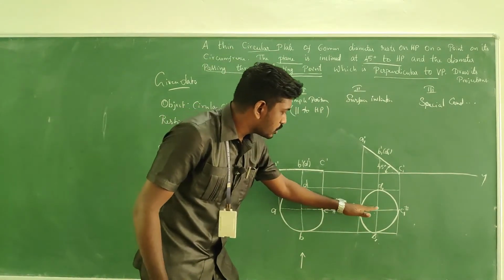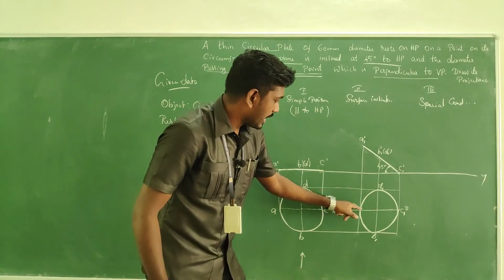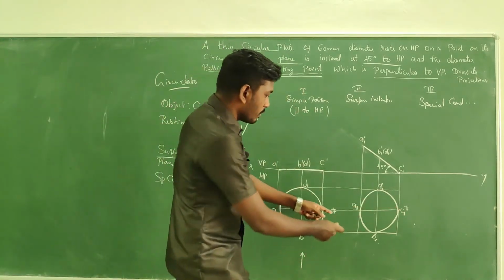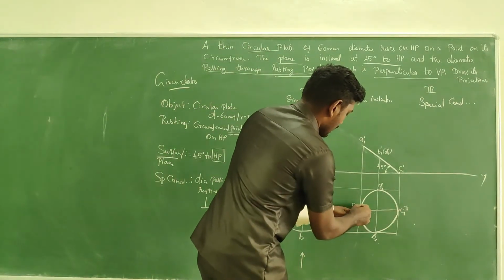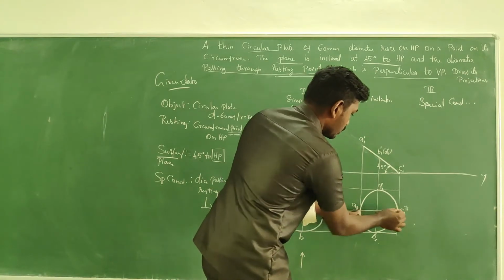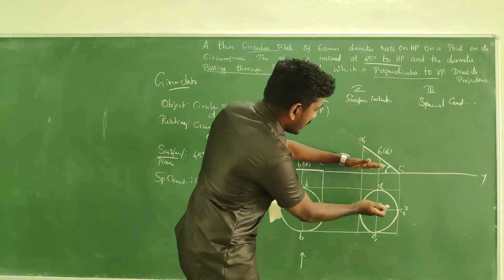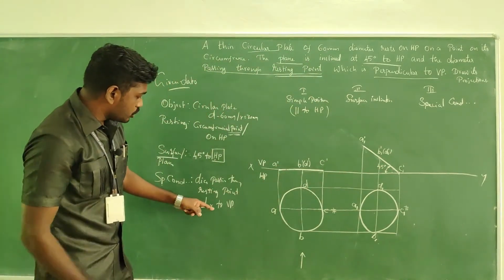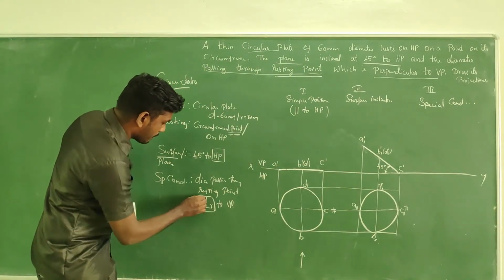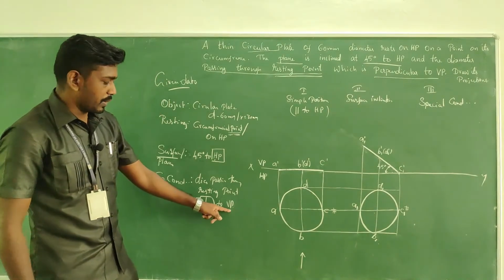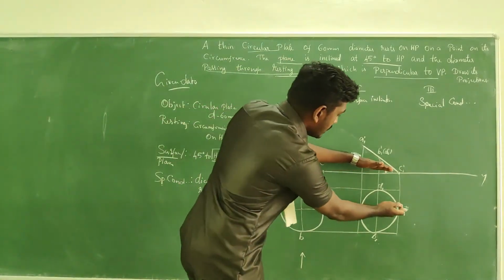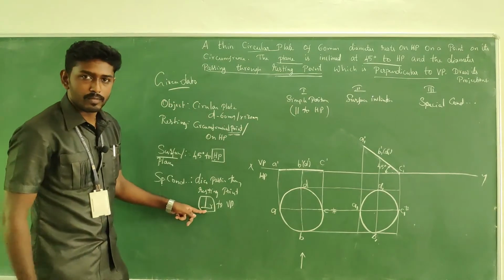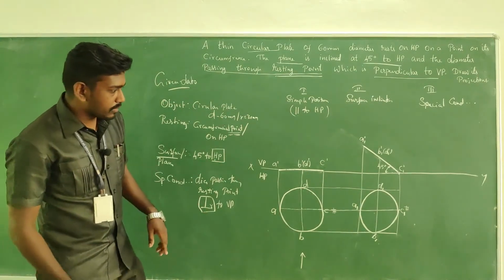So if you look at the imaginary line A1 to C1, it is parallel with VP. Am I right? It needs to be kept perpendicular to VP. Now it is parallel. A to C is parallel. It should be perpendicular. It is a very easy work.